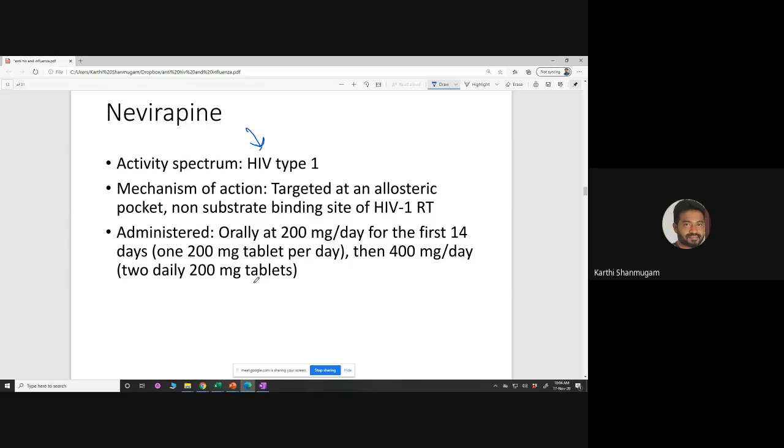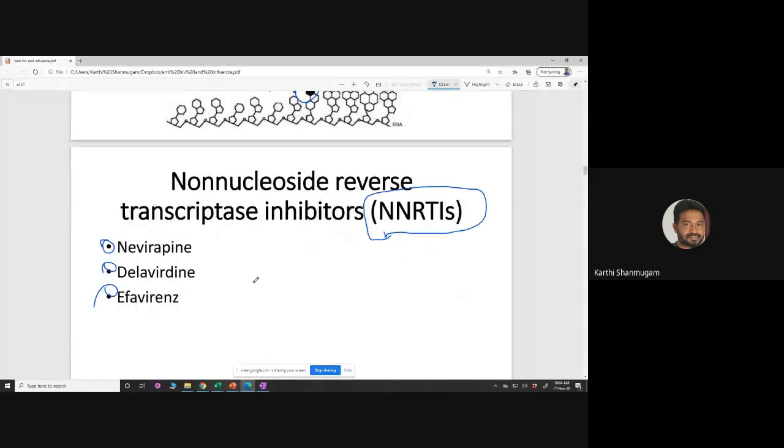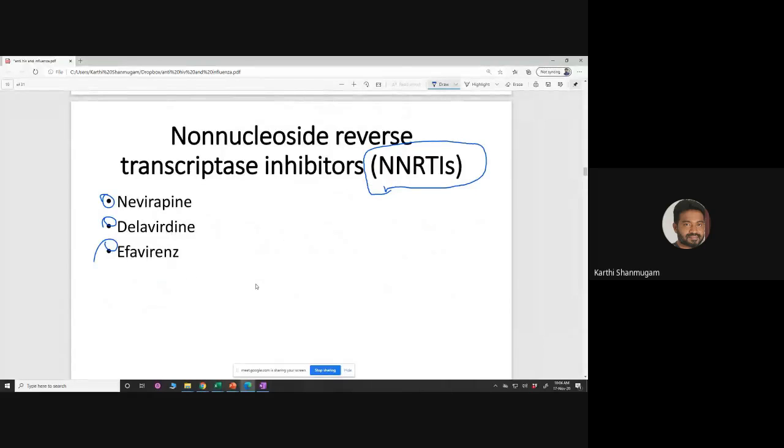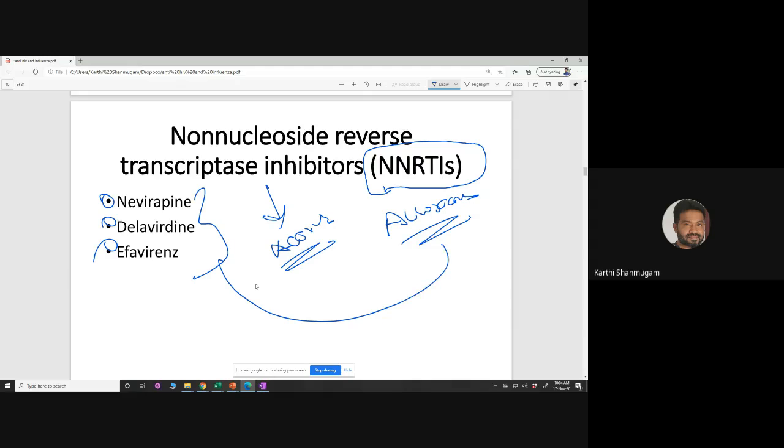The general principle of non-nucleoside reverse transcriptase inhibitors is that these molecules won't bind to the active binding site; they prefer the allosteric binding site. They bind to the allosteric site of the enzyme and alter the shape of the active site. It is not directly binding to the active site.